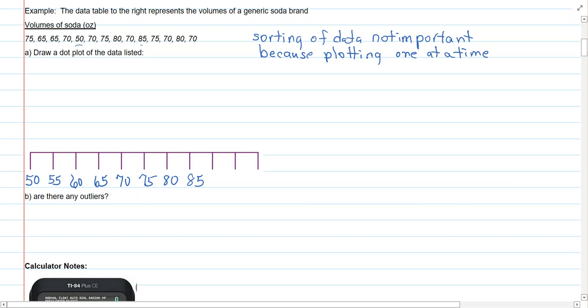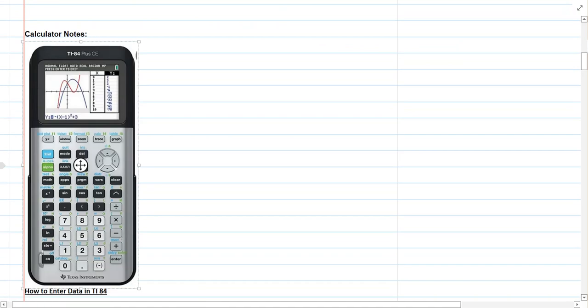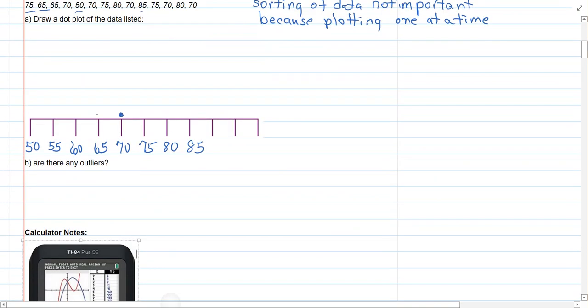Okay, so let's take the first one, 75. On 75, I'm going to put a dot right there. Then the next one is 65. On 65, I'm going to put a dot there, about the same size, or try to. Another 65, a dot there. Then 70, a dot there. Then a 50, a dot there. Then another 70, a dot there. 75, a dot right there.